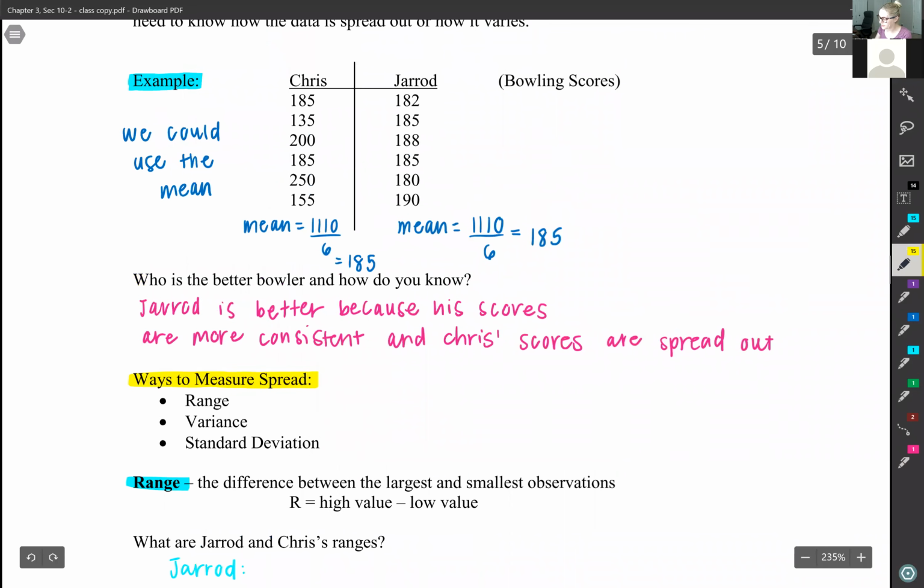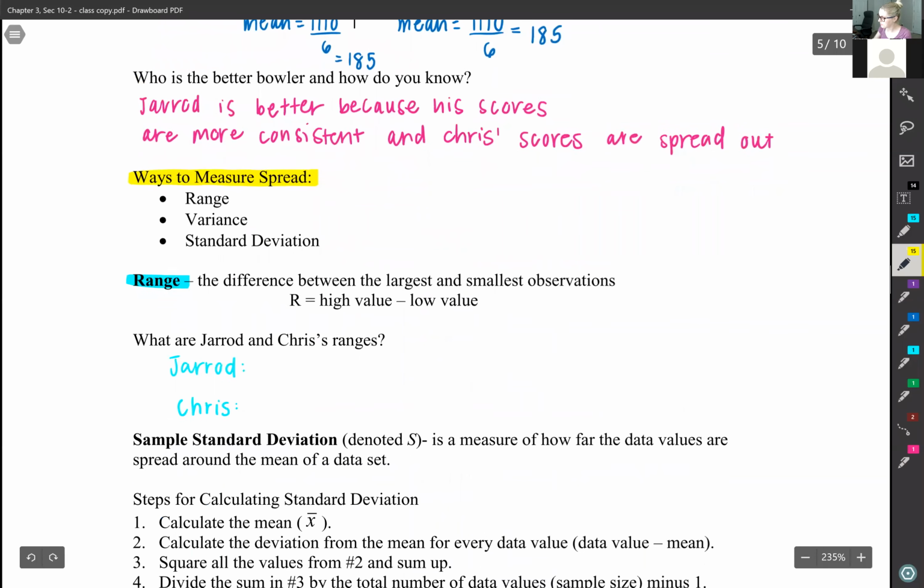Looking at Jared's side, the highest value is 190, and the lowest value is 180. So for Jared, we have 190 minus 180, which is a range of 10. Why don't you go ahead and do the range for Chris's scores, and then send me a chat when you have figured that out.